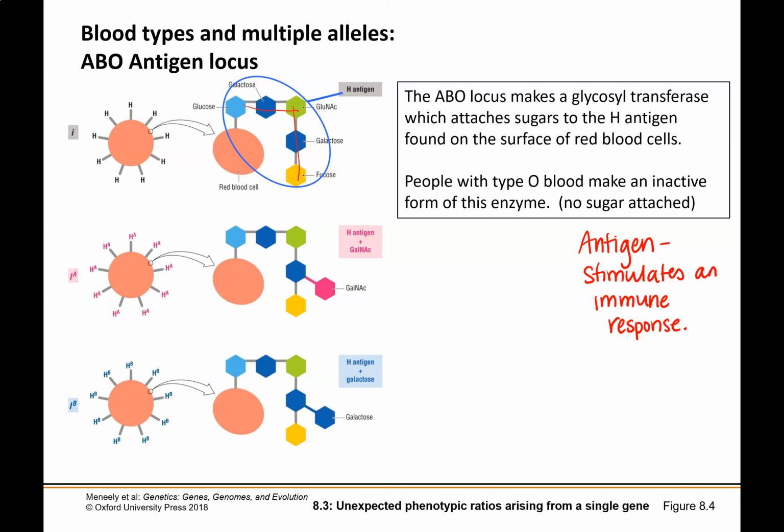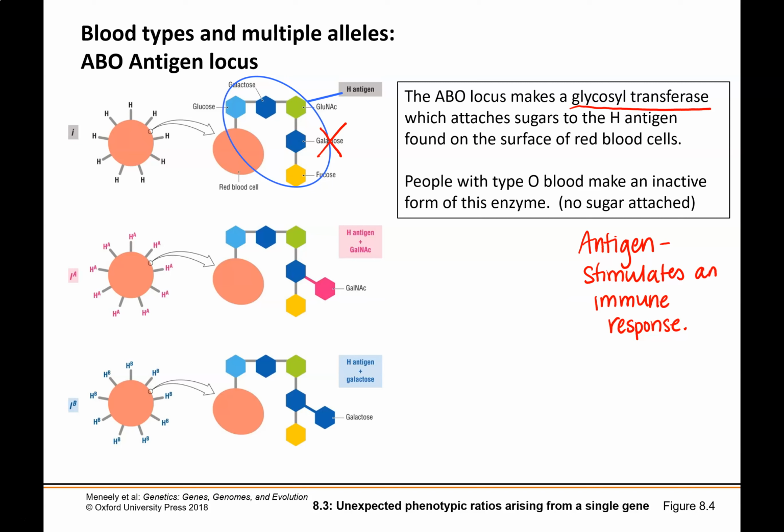So all blood types have this H antigen, but individuals who are O blood type make an inactive form of this glycosyltransferase. And so there are no sugars attached to their red blood cell H antigen.